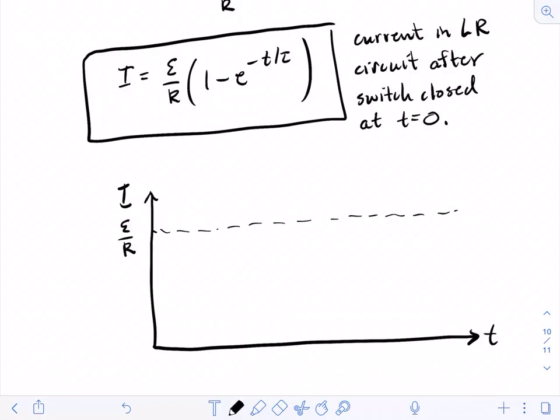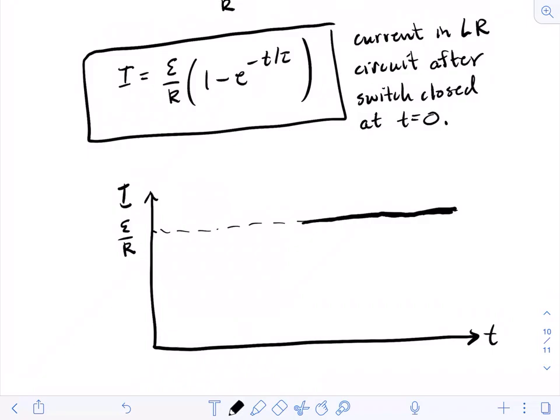That makes sense, because after a long time you'll have established an equilibrium, a constant current, and we only get a voltage across the inductor when the current is changing. If the current is not changing, there's no voltage across the inductor. When we analyze the loop rule, we just get the EMF of the battery minus IR, which leads to I is the EMF divided by R.